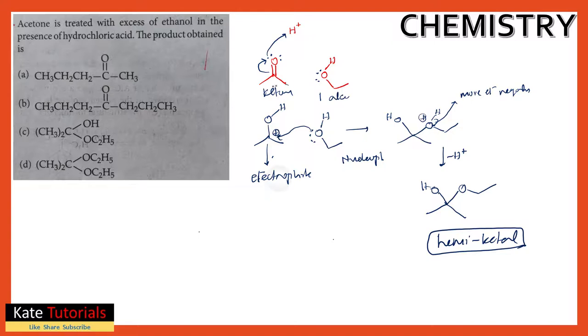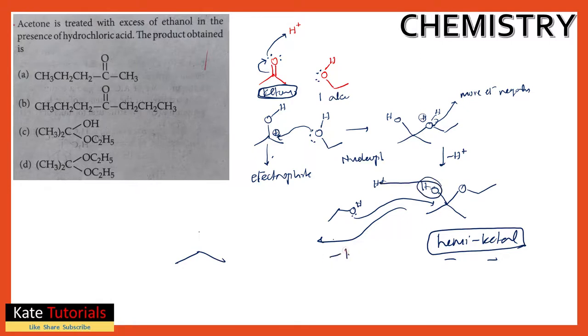If instead of a ketone I take an aldehyde, it forms a hemiacetal. Further, I have one more molecule of ethanol, because they have mentioned excess, and HCl will be there. HCl will take this OH as H2O. This will attack here, and I get this: the OH goes with H plus as water, so there is loss of water, and this O attacks this carbon.